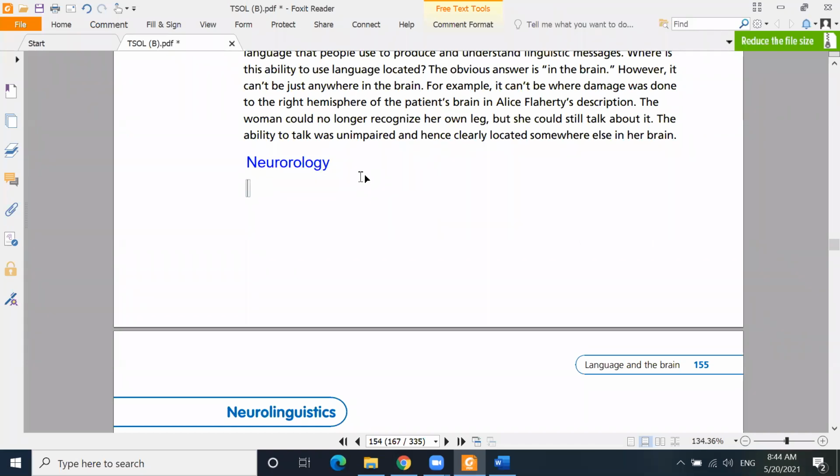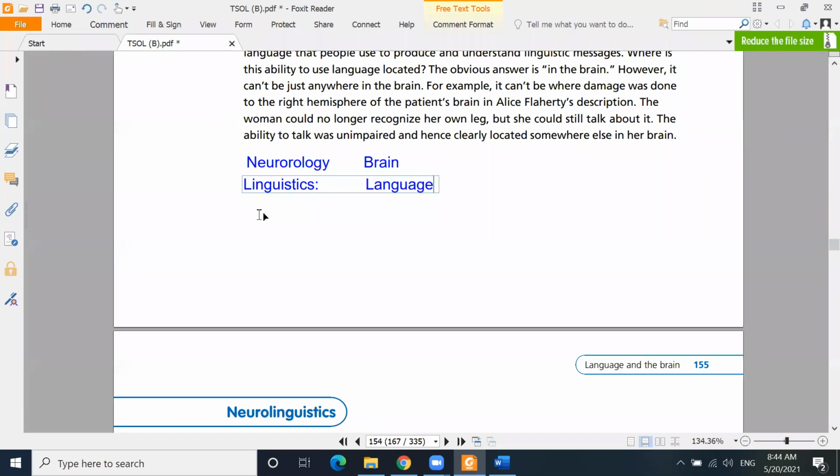Neurology is the study of what? The study of brain. Then what is linguistics? Linguistics is the study of what? Come on. It's the scientific study of language.